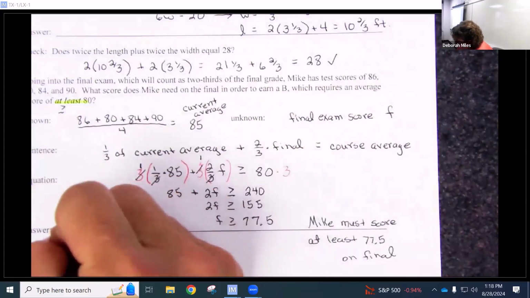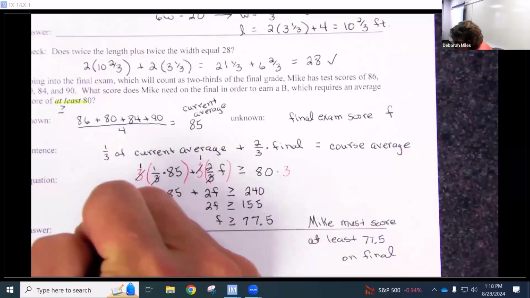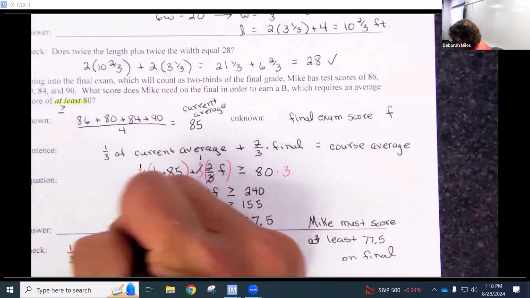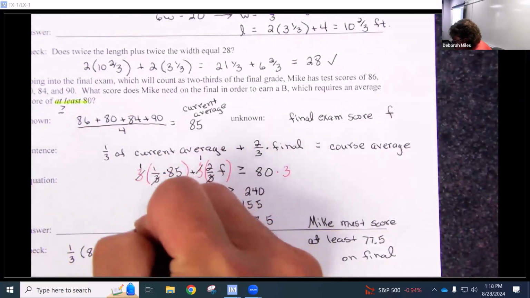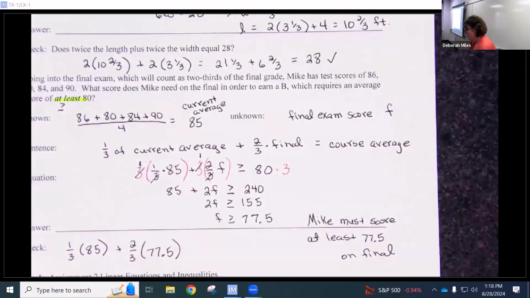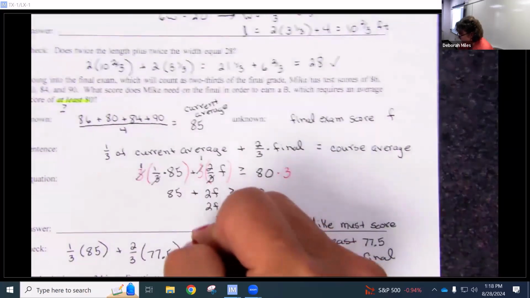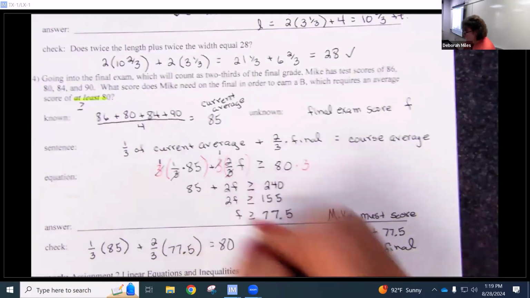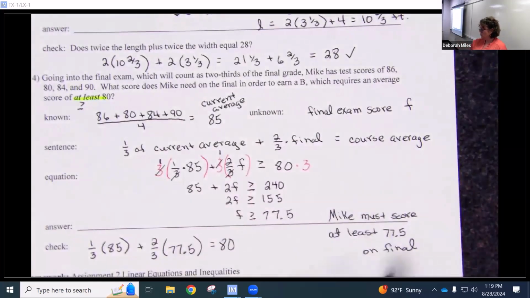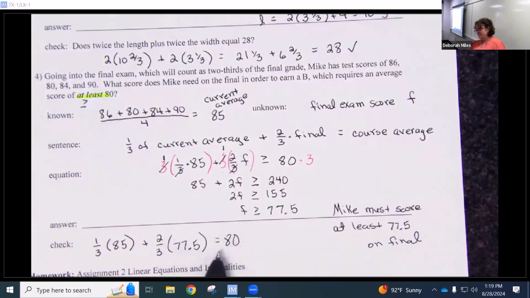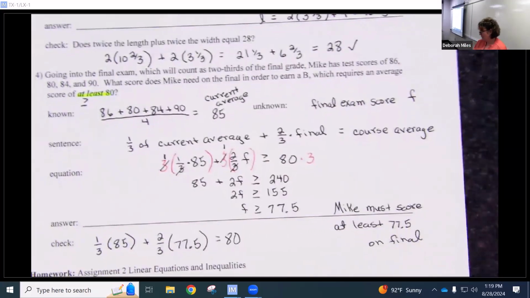I would just take 1/3 times his current average plus 2/3 of that 77.5. Just going to make sure that it would give him at least 80. And then I know if he makes more than 77.5, he would have a higher average.